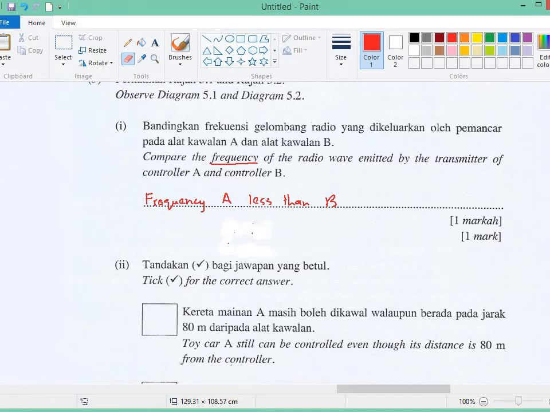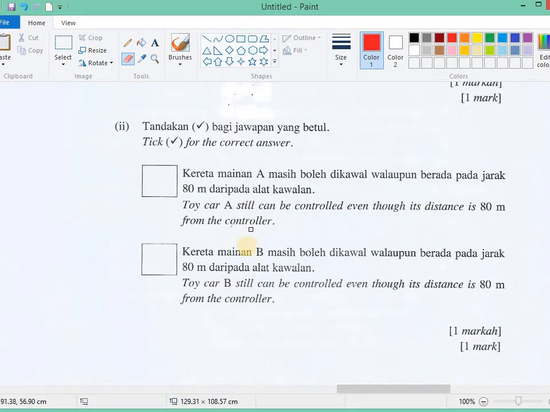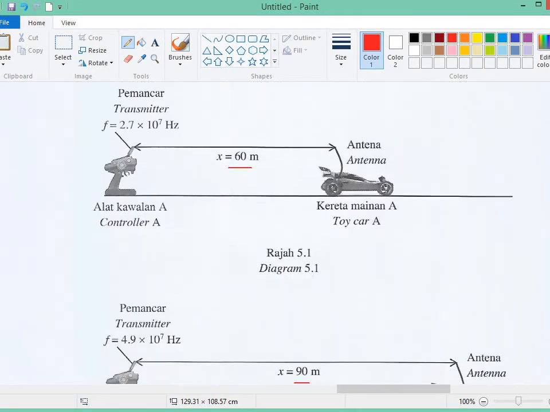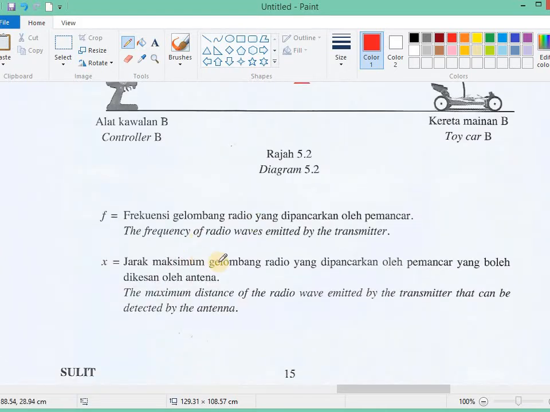Next, tick for the correct answer. Toy car A still can be controlled even though distance is 80 meters from the controller. So this cannot, because just now it showed that X is the maximum distance of radio wave emitted.